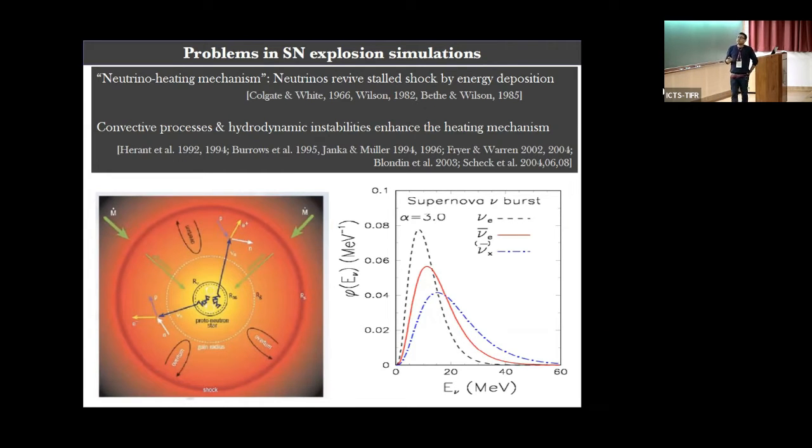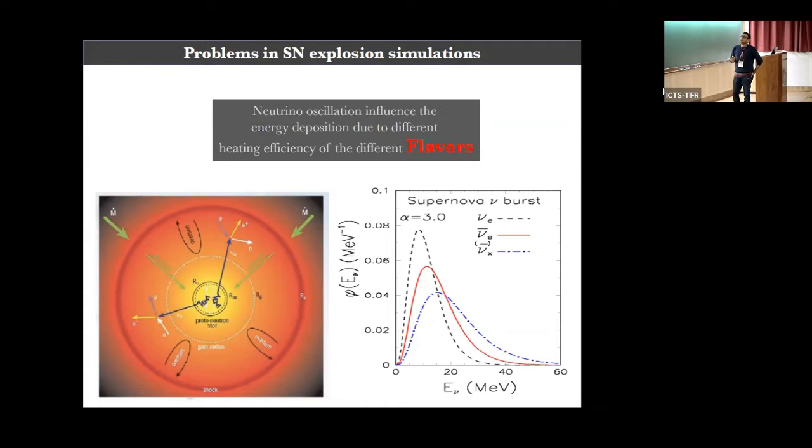But in this picture, how could neutrino oscillation come in and actually help us? Here you see the typical spectra of supernova neutrinos. As you can see, the supernova can produce neutrinos of all flavors, and their average energies are different. Now, if you can somehow oscillate among these different species of neutrinos, the fluxes can be different for the more effective neutrinos, for example nu e and nu e bar, their fluxes can change.